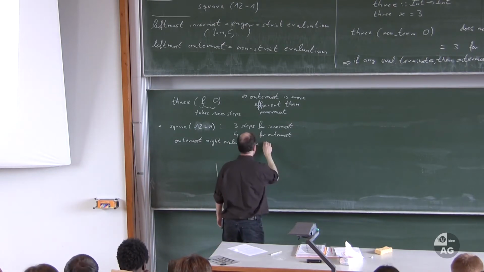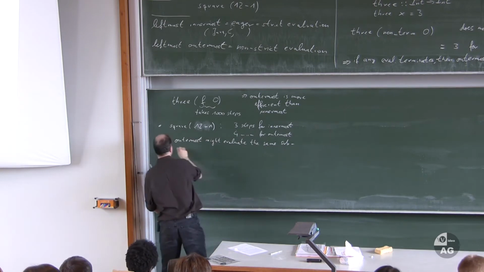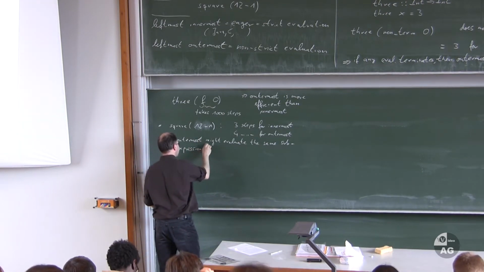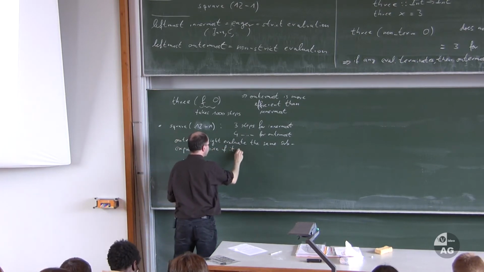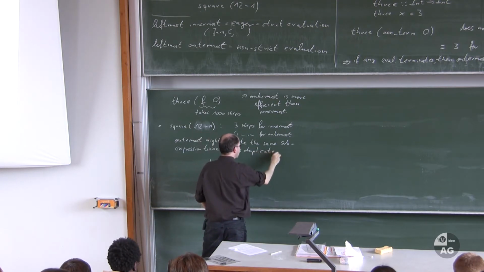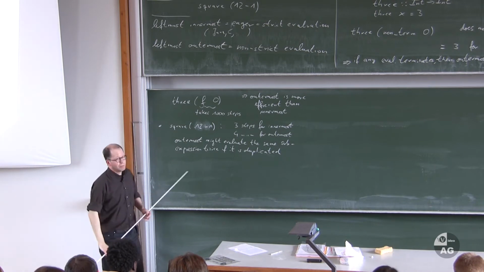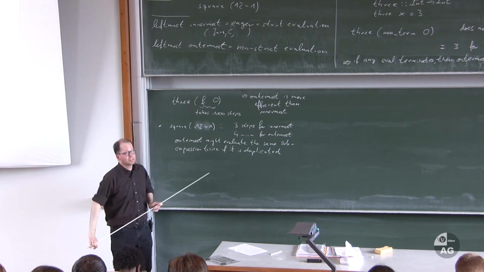So it might evaluate the same sub-expression twice if it is duplicated. And so what Haskell does is it tries to do outermost evaluation, but it tries to avoid this disadvantage.